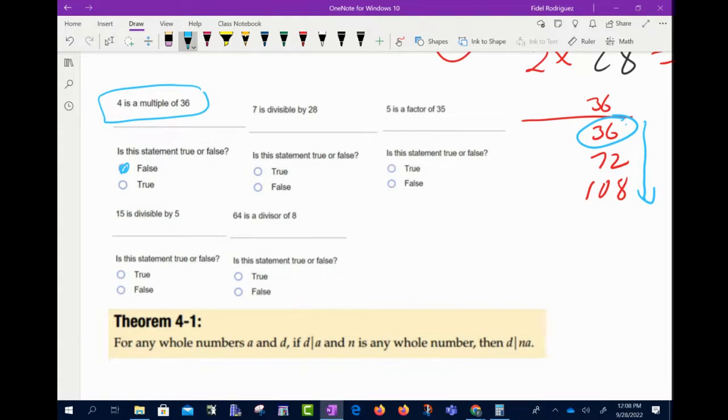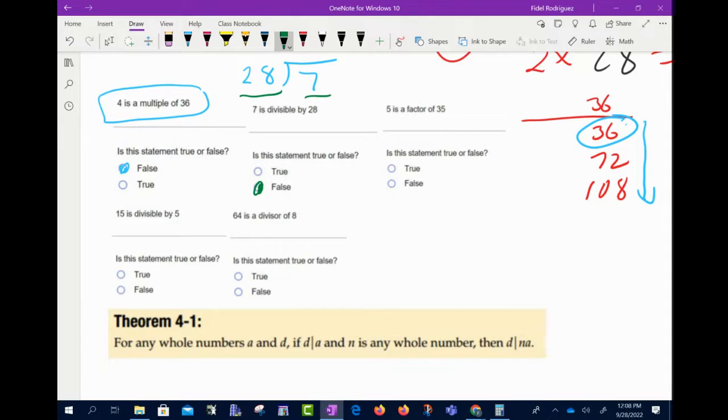Now, the next one says 7 is divisible by 28, okay? So again, what do they mean by that? That means if I were to take 28, would 28 go nice and neat into 7? No, it wouldn't. Why? Because this number here is bigger than that number. So this would also be false.